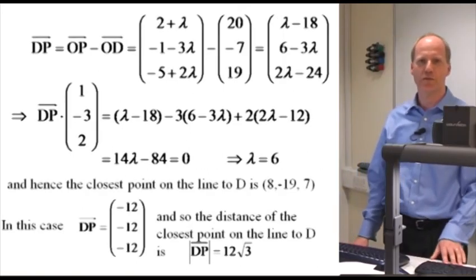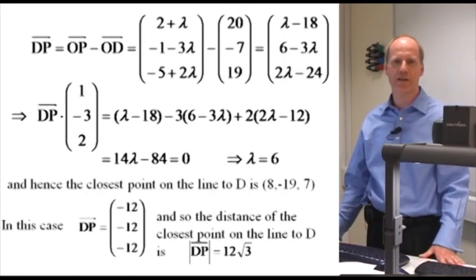The key to solving this last problem is to use the parameter lambda to encode the position vectors of all the points on the line, and then to determine the particular point of interest by finding the one value of lambda that satisfied the condition required of the particular point we want to find.